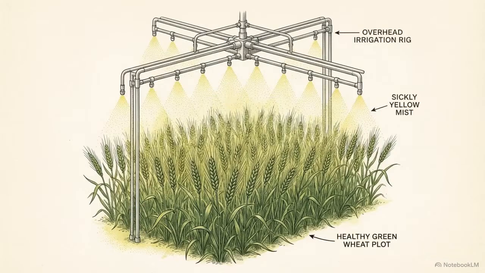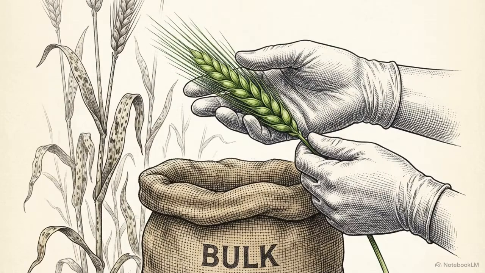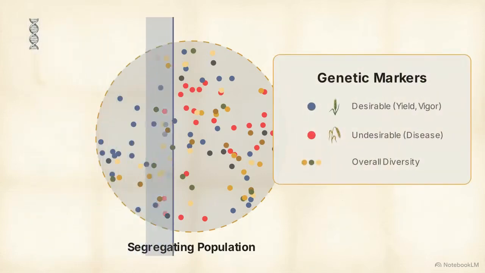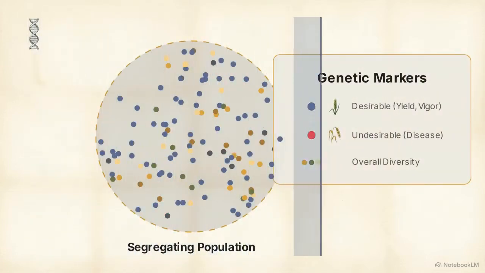This curated bulk is then planted in the F3 generation and exposed to artificial disease epidemics. Only the best surviving plants are selected, and their seeds are bulked again. Genetically, this aggressively enriches the population's allele frequency for desirable quantitative traits early in the cycle, without sacrificing overall genetic diversity.